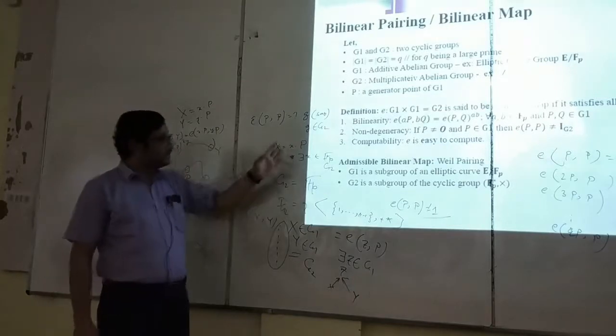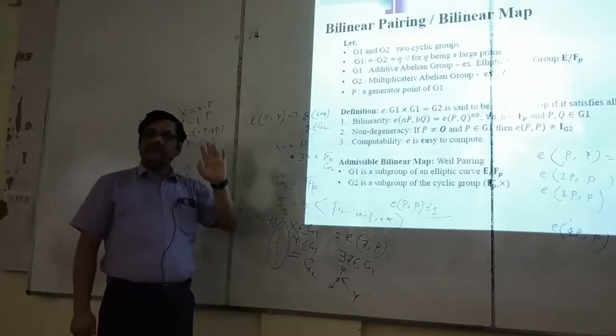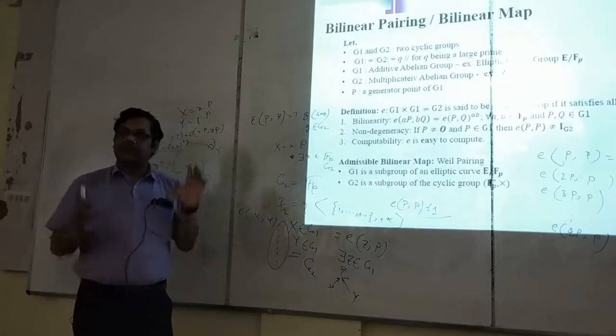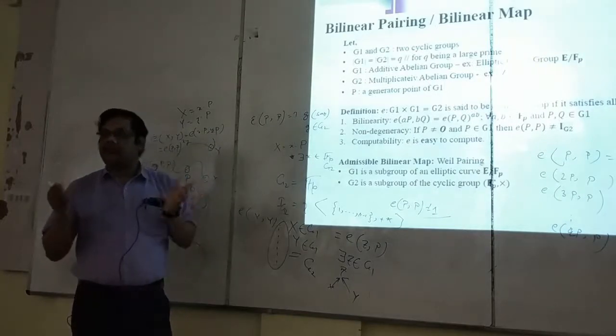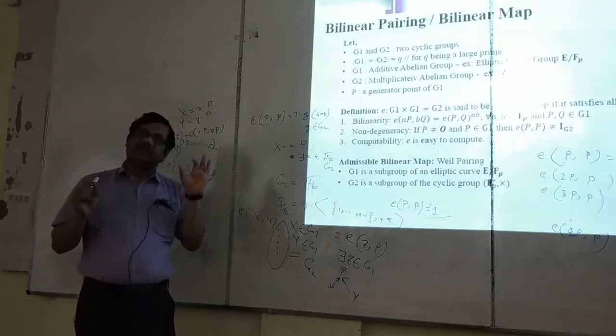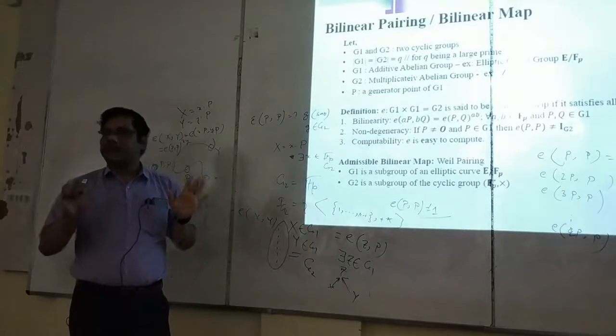Here, what is the size of the main group? The main group is G2, and its size is Q. Q is a prime number, so its only divisors are 1 and Q. So the size of the subgroup might be 1 or might be Q. It cannot be anything else.